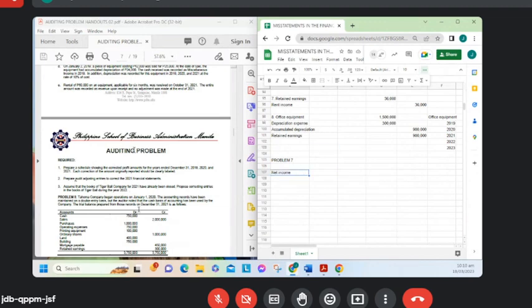So adjusting entries lang na naman, no? Masyado mahaba to. Anyway. So 2019, 2020, 2021.